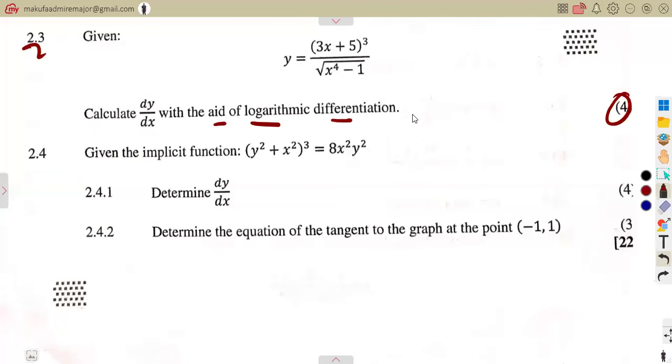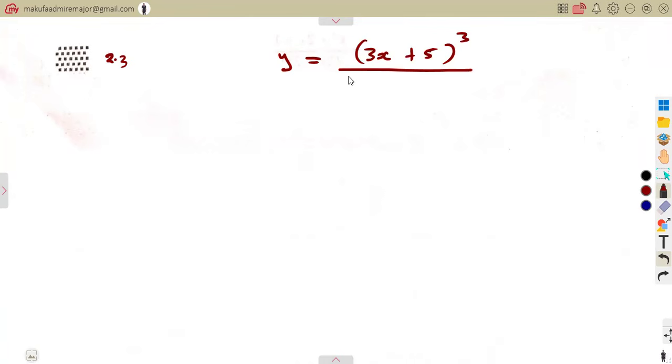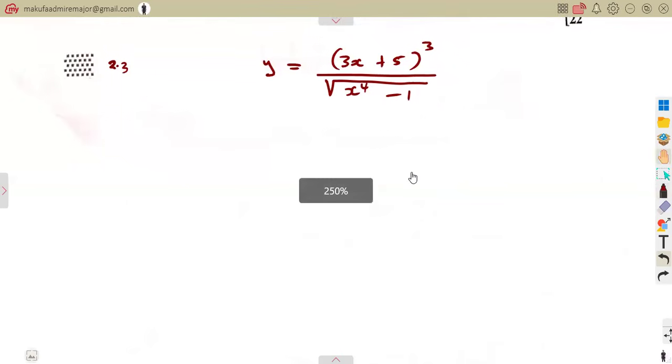So remember your logarithmic part: you're going to introduce the ln, then you simplify as far as you can. So I'm just going to have this one here. This was given as 2.3, where y is equal to (3x + 5) to the exponent of 3, everything over the square root of x to the exponent of 4 minus 1. So we need the laws of logarithms.